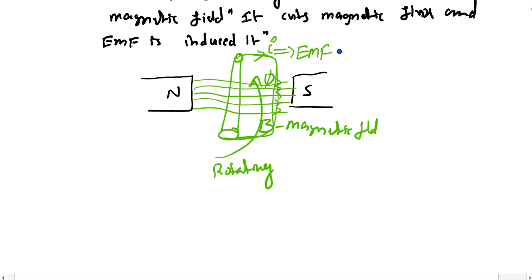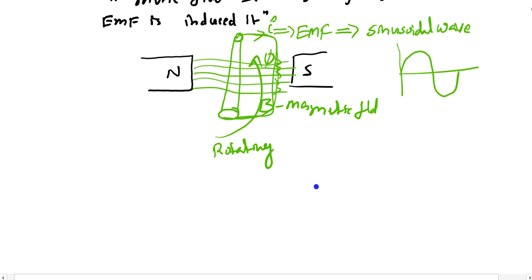That EMF is nothing but the generated EMF, and this generated EMF is a sinusoidal wave. Whenever we talk about the AC system, the EMF generated by these generators is a sinusoidal wave. How these sinusoidal waves are generated in any kind of generating machine, that concept we are going to see now.